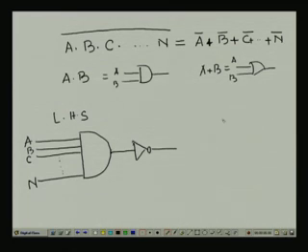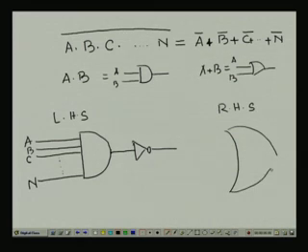What will be the right hand side? On the right hand side, if I take one n input OR gate, then the inputs will be the inverted forms of the variables used in the left hand side.